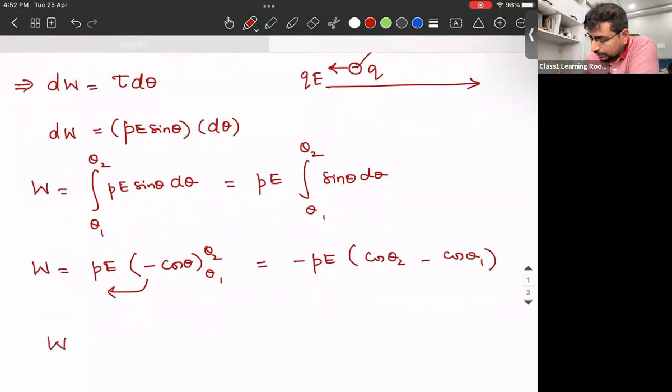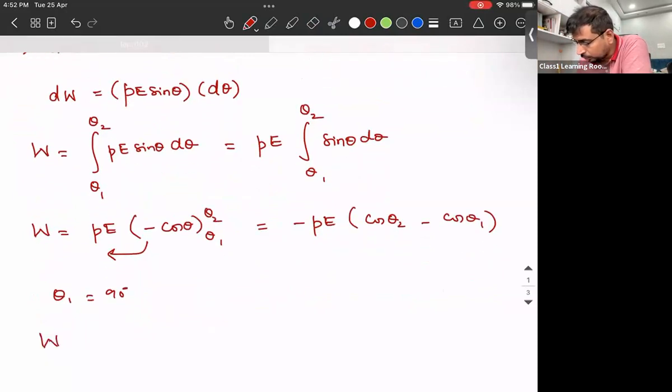Hence, the total work done in this scenario is minus PE into cos theta 2 minus cos theta 1. If I take theta 1 to be 90 degrees initially, let's say the dipole was like this, then when you rotate it to some angle theta 2, W will be equal to minus PE cos theta 2.